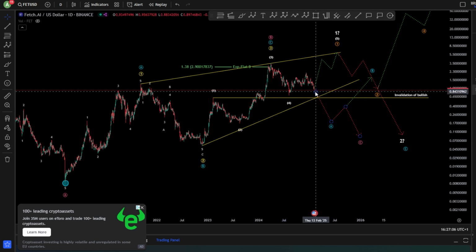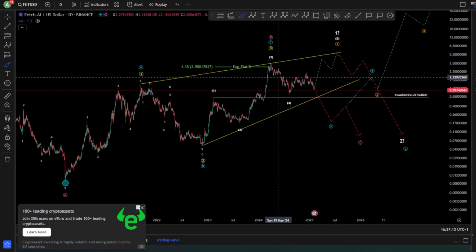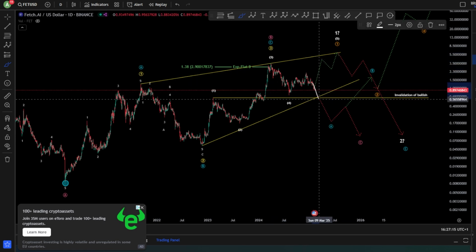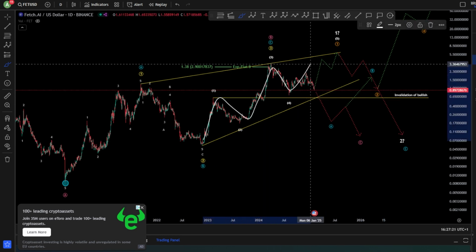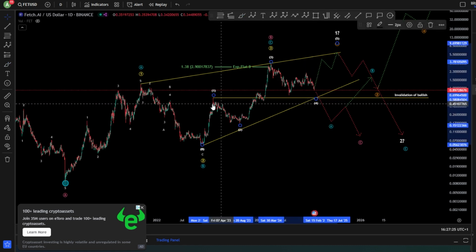So currently we are between those scenarios. In a wave 2, 1, 2, 3, 4, 5, bullish, or continuation toward the downside, invalidation of any bullish scenario, because you know, if you have 1, 2, 3, 4, and a 5, your wave 4 should not interfere with your wave 1. Right?